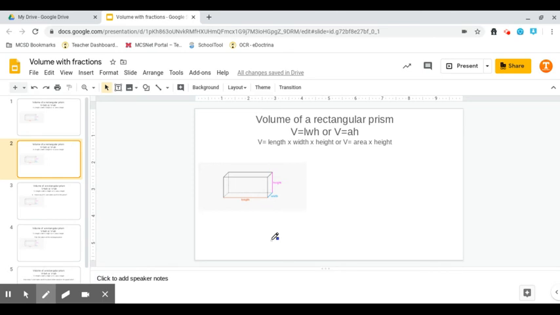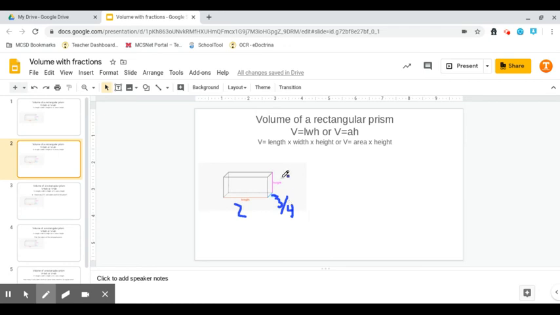Okay, so we are going to look at this and we are going to find the area of different sides. So if I give it some dimensions, a side of 2 there, this is going to be 3/4 right there.